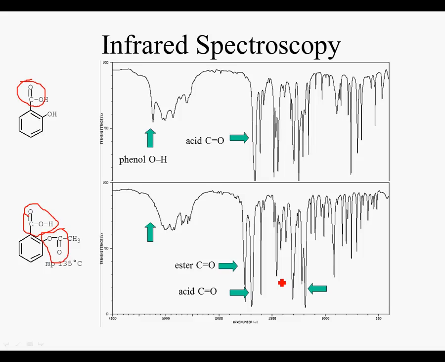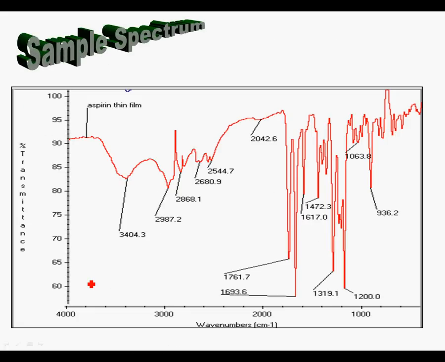So you can use this like a fingerprint. Now this peak here is also an indication of an ester functional group. You notice that the graph on the top doesn't have that. So you would get something like this on a real infrared spectrophotometer, and then based on these peaks, you would match them up to the types of functional groups or bonds present in a molecule that would give this absorption of infrared photons.